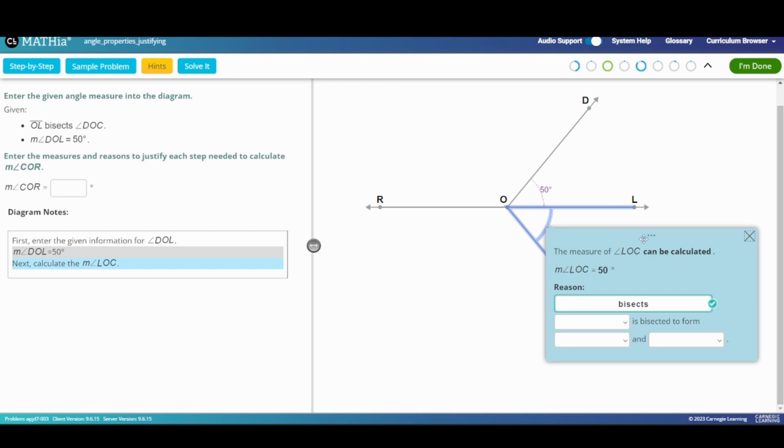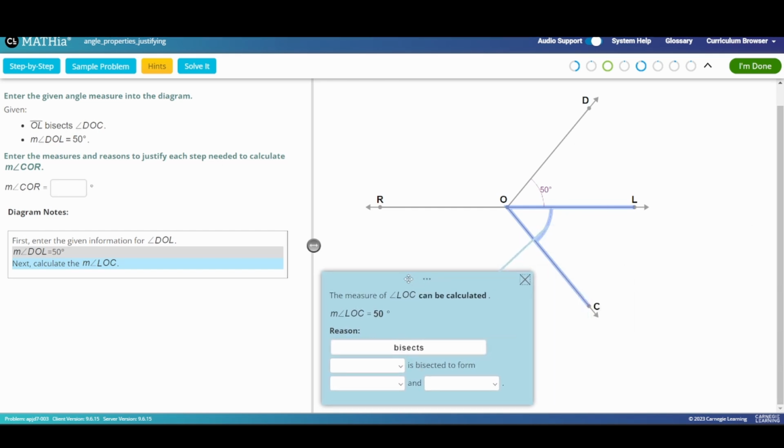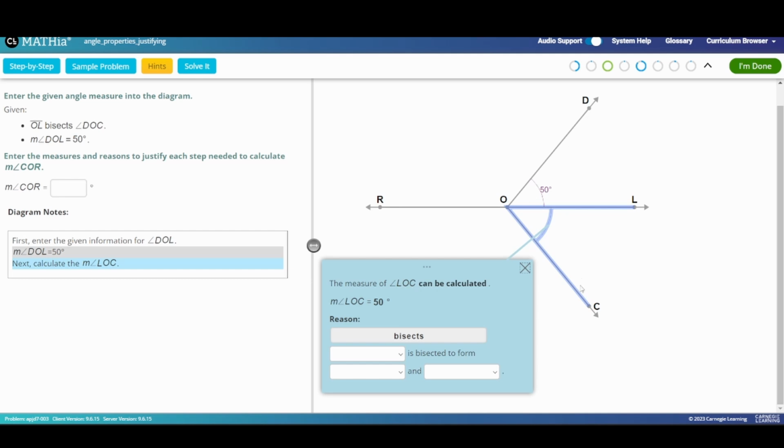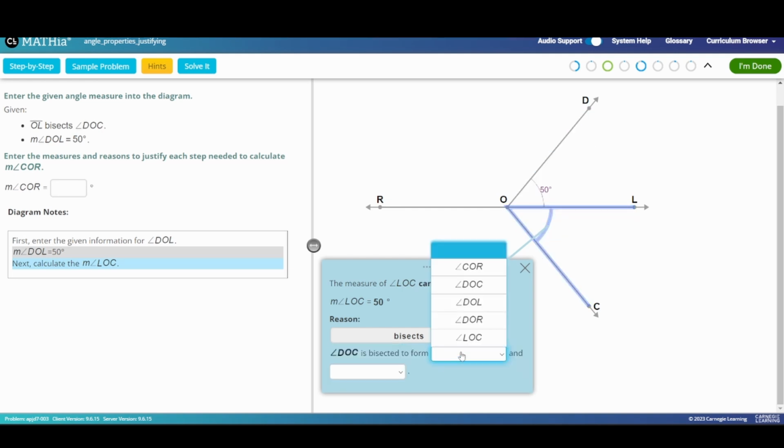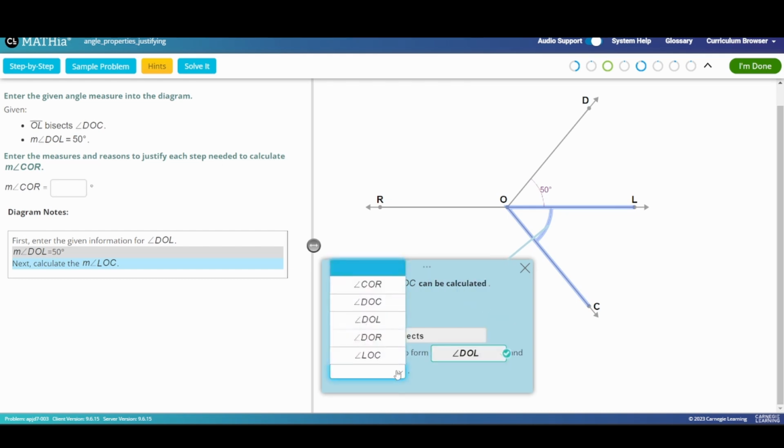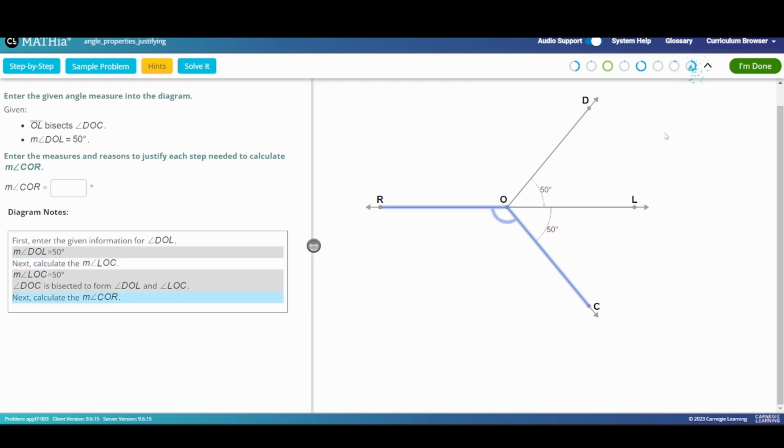It has bisects. Now, what is being bisected? Well, this whole big angle, DOC, is being bisected to form these two smaller angles, DOL, this one, and this one, LOC. So DOL and LOC. Look at that.